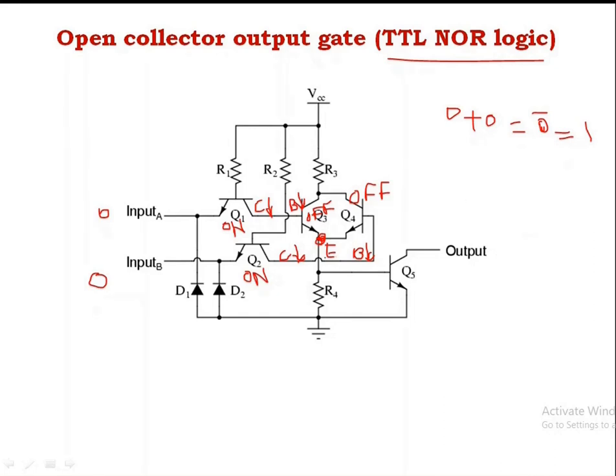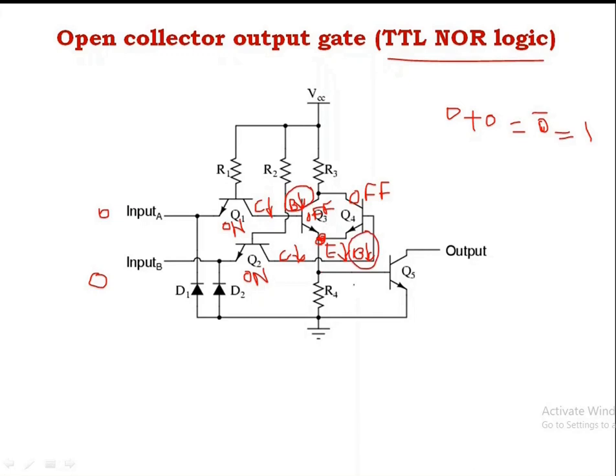If the transistor is off, the collector is high, and collector is high means your emitter will be low. So here you can see both the transistors have emitter low. This way also you can take emitter as low.